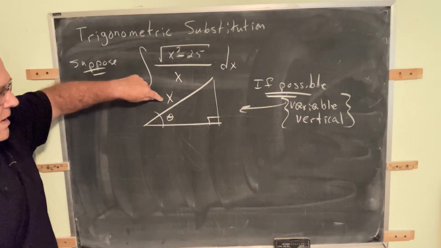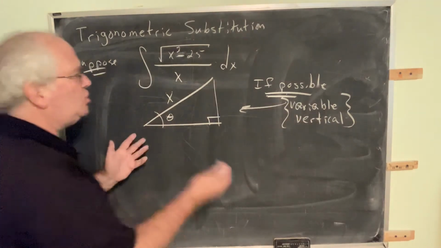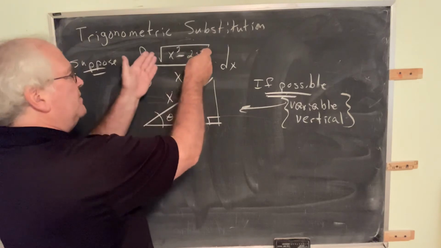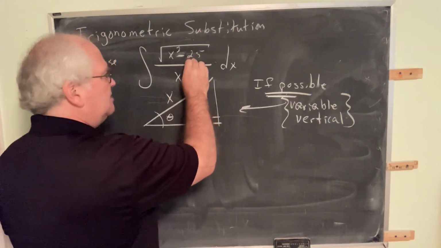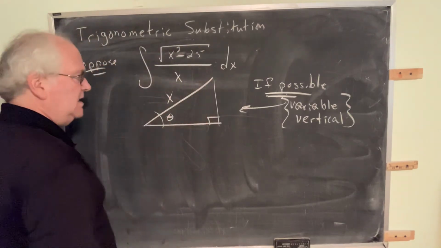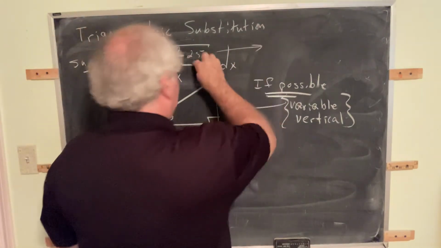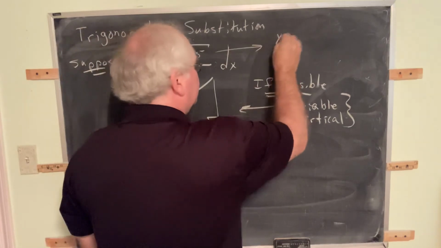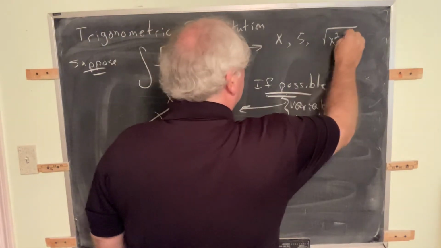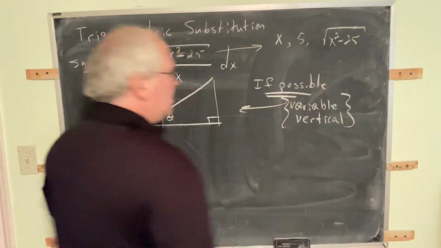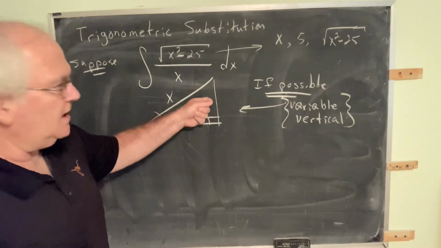All right? So what two choices do we have left? We know that from this triangle, one of the sides needs to be x, one of the sides needs to be 5, and one of these sides needs to be the radical. We know the three sides of our triangle here are x and 5 and the square root. So the question is, which side gets labeled the variable?